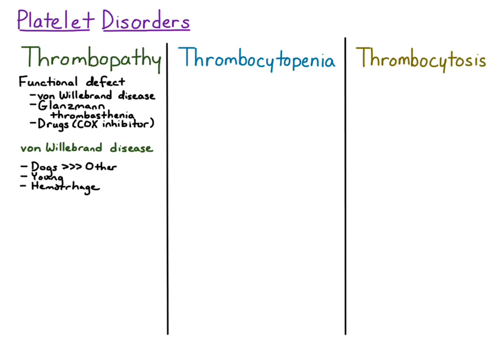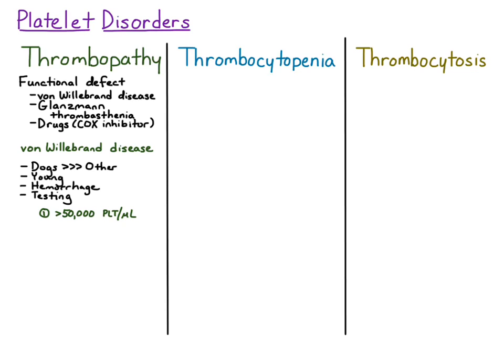So now I'm going to go into the testing that we would expect to see in an animal with von Willebrand disease. So first, platelet concentration tends to be normal or increased. You do not expect to see a marked thrombocytopenia. So you do not expect to see platelets that are within the realm that induces spontaneous or induced hemorrhage.